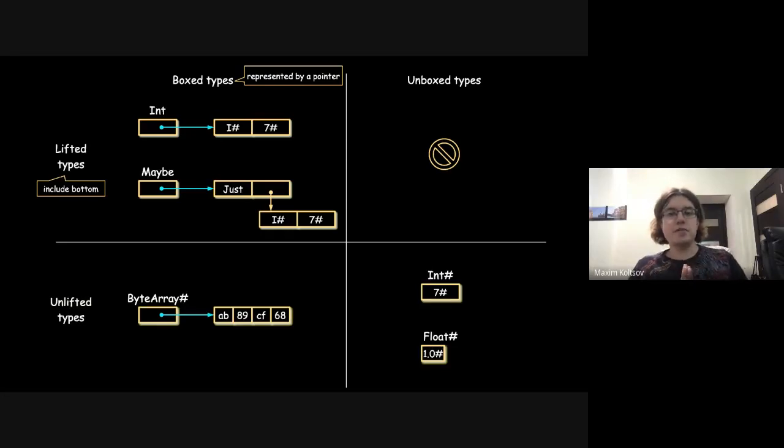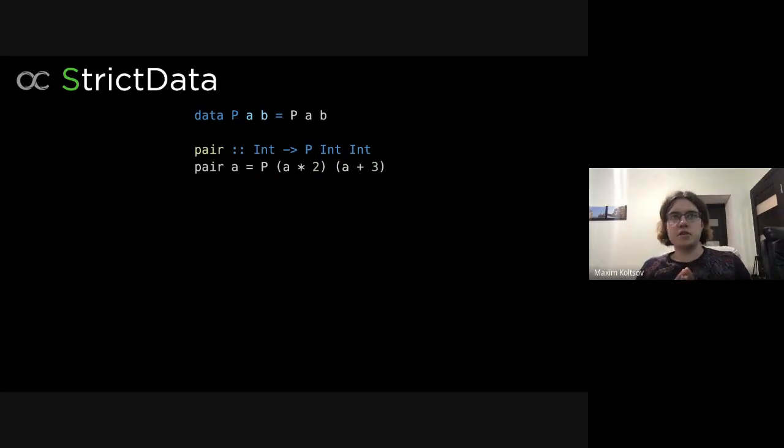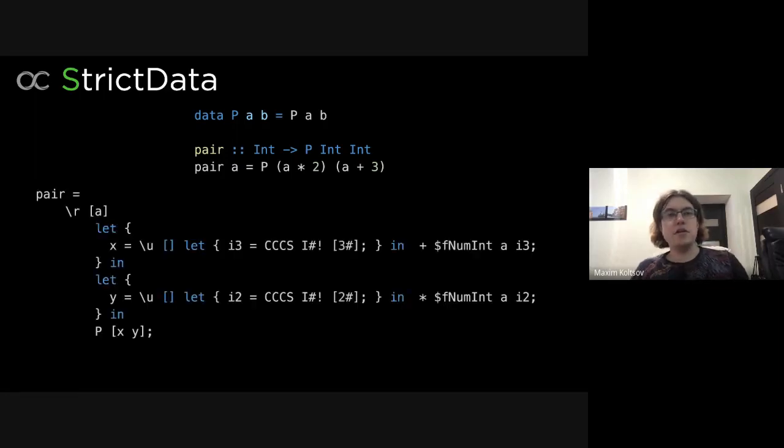But as a more useful demonstration, let's talk about data constructors. Here I have a data type, a pair of two values, and a function that gets an integer and constructs a pair of two new integers: integer multiplied by 2 and integer plus 3. How does this look in STG representation? You see that this function does two allocations.